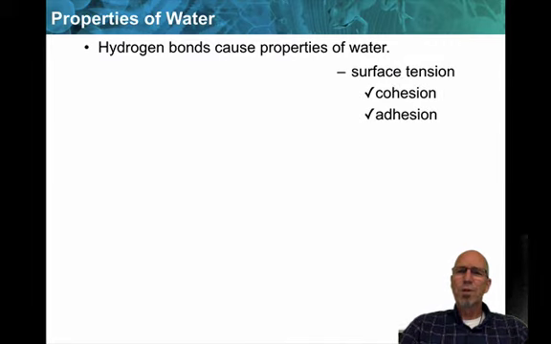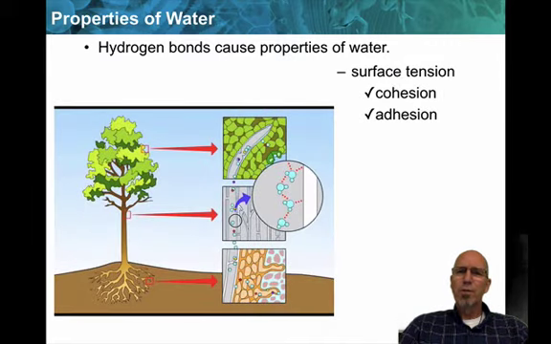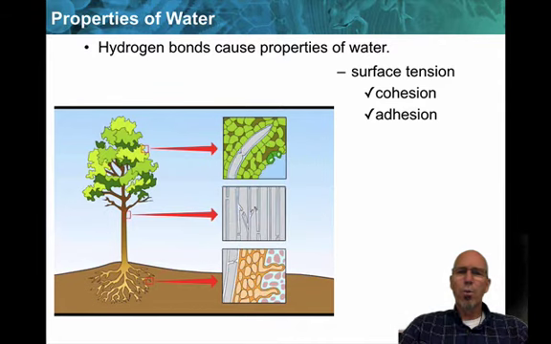So surface tension, cohesion, adhesion. If we look at water going up a tree, or the other day in lab where you saw water traveling up a piece of paper toweling, the water not only sticks to itself, but it also sticks to other things. It sticks to you, so it's adhesive to you.